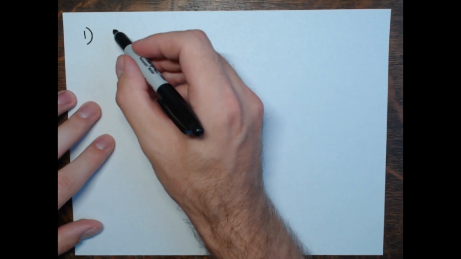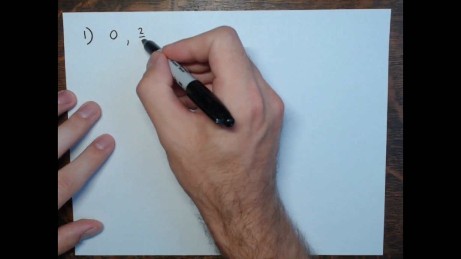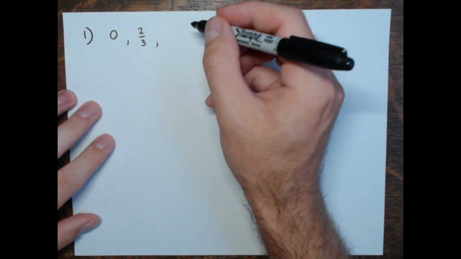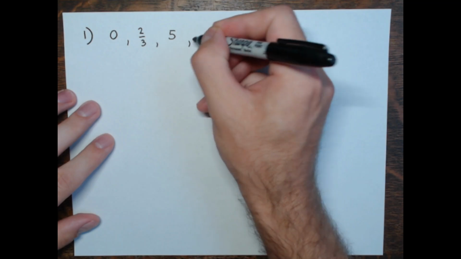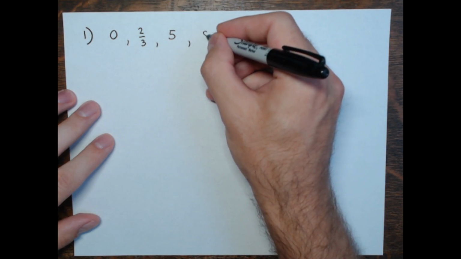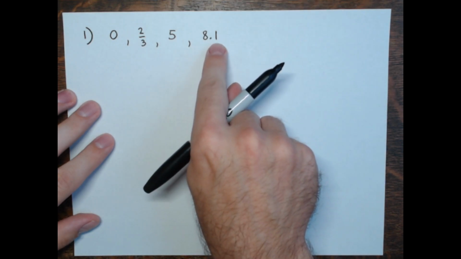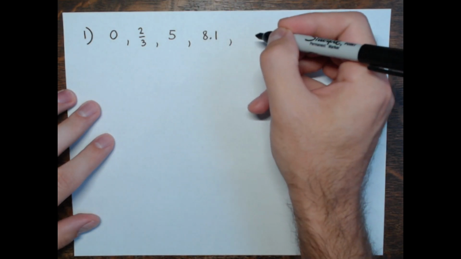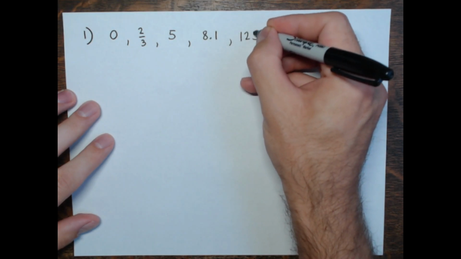The numbers we're given are 0, 2/3, 2 divided by 3, a fraction, 2 over 3. The number 5, the number 8.1, that's also 8 and 1/10, and then the final number is 125.